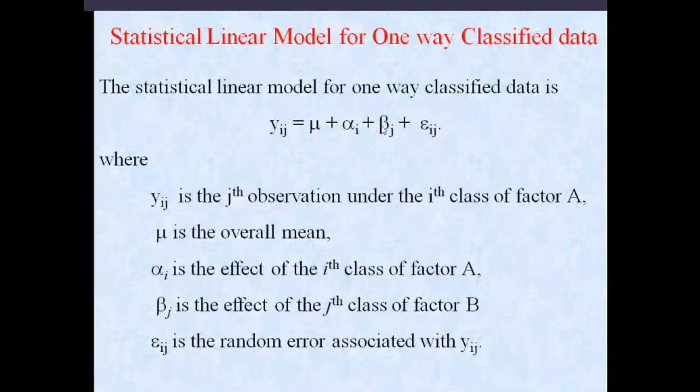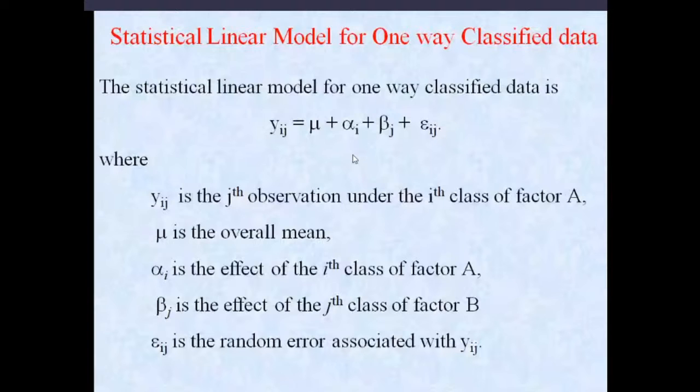Assume the same assumptions: observations follow a normal distribution with mean mu and variance sigma square, and the random error has mean 0 and variance sigma square.